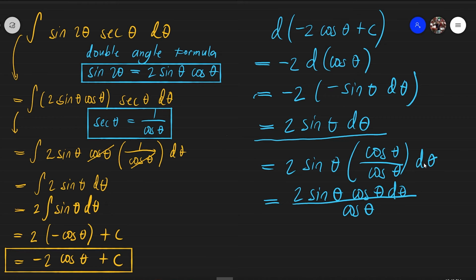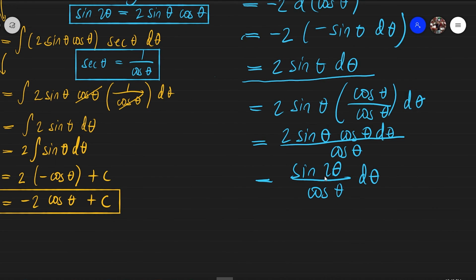So your 2 sine theta cosine theta, applying the double angle formula, can be written as sine 2 theta over cosine theta. But again, 1 over cosine theta is equal to secant theta. So this can be rewritten as sine 2 theta secant theta d theta.